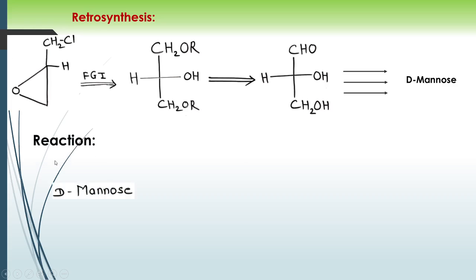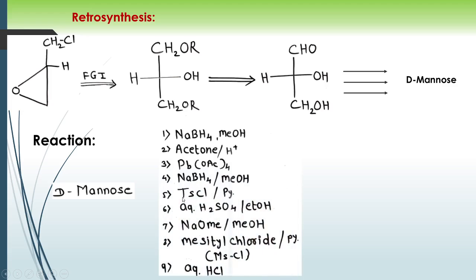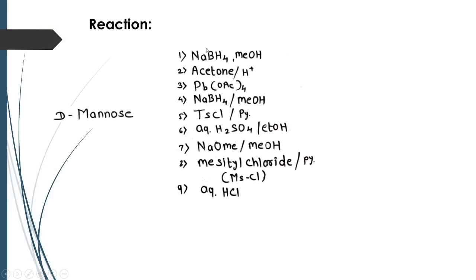See the reaction here: our starting material is D-mannose, and these are the reagents to make R-epichlorohydrin. See one by one. First D-mannose, then the first reagent is NaBH4 in presence of methanol.